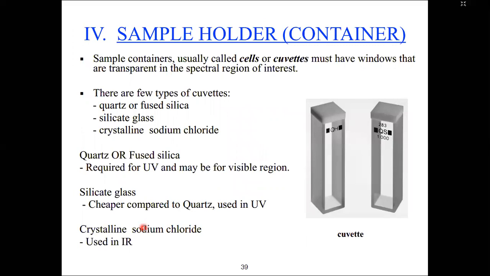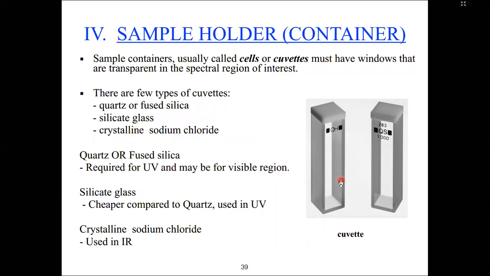Sample holder. In general, the sample holders are the containers where we put our sample. They are called cells or cuvettes. You might have seen these types of devices in your bachelor level also. There are a few types: quartz or fused silica, silicate glass, crystalline sodium chloride.